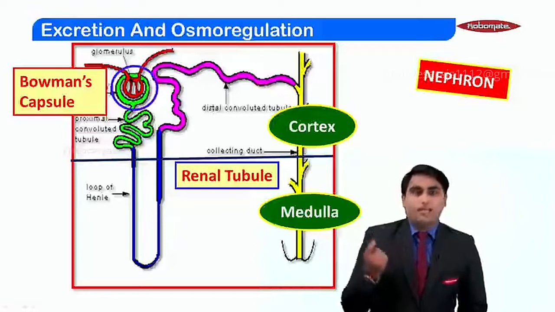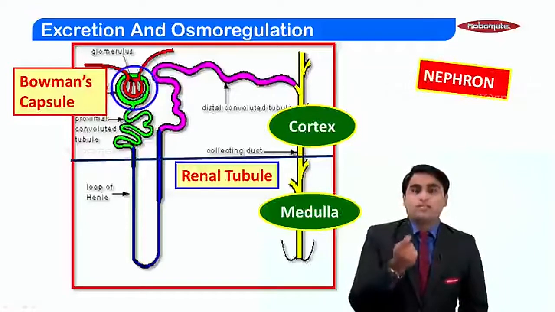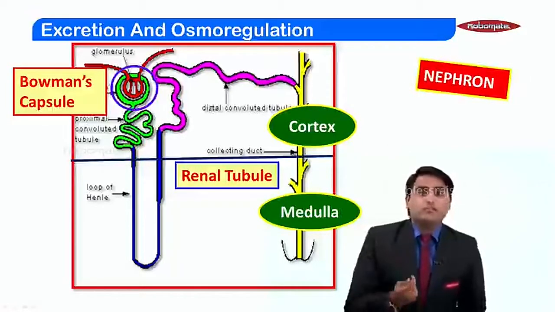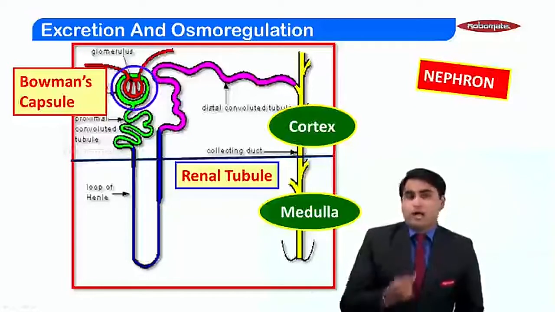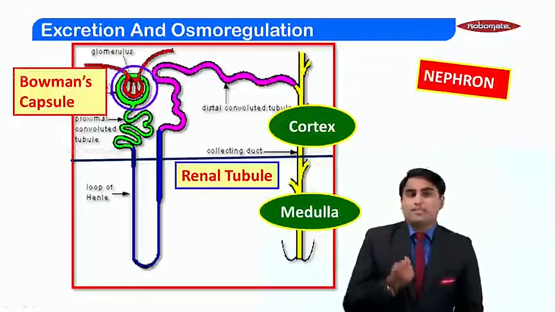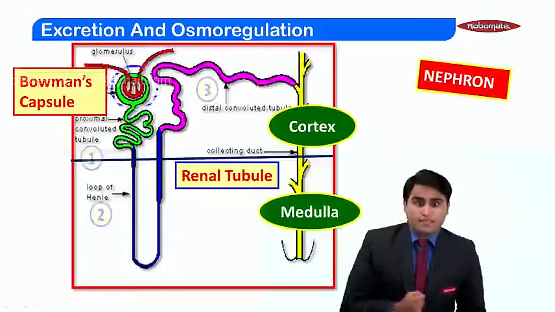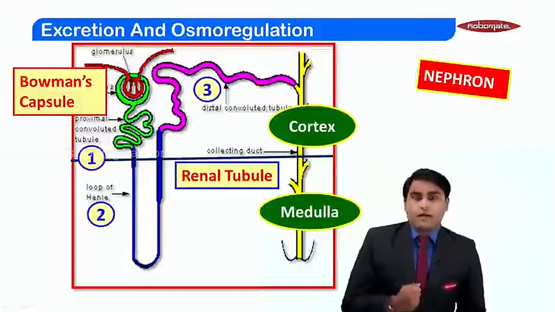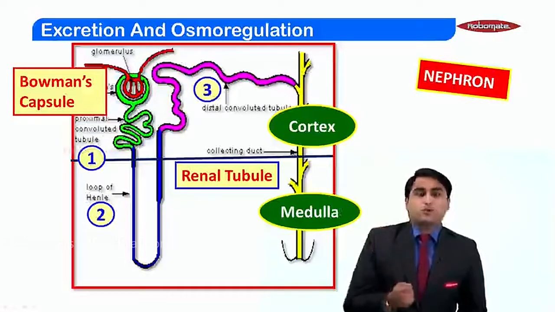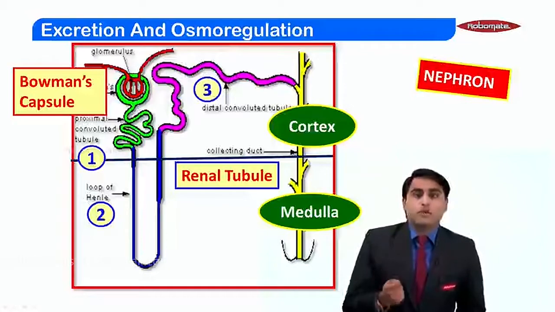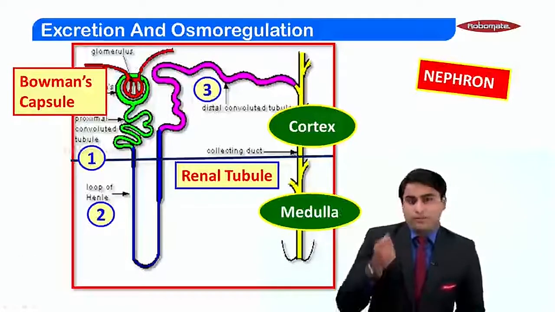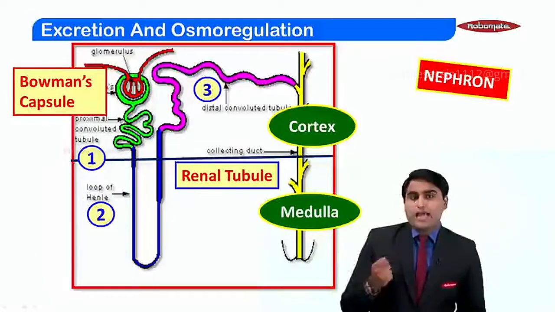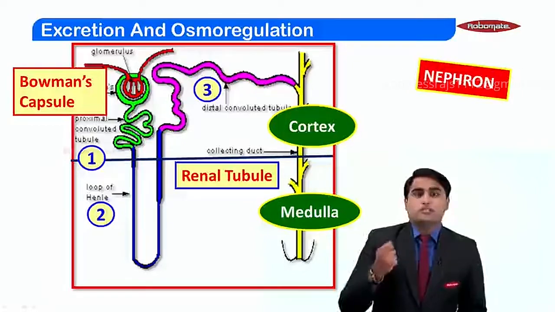You can see the highly coiled, tubule-like structure, which is called the renal tubule. The renal tubule is divided into three parts. Starting from the Bowman's capsule, after the capsule the nephron continues as the proximal convoluted tubule.